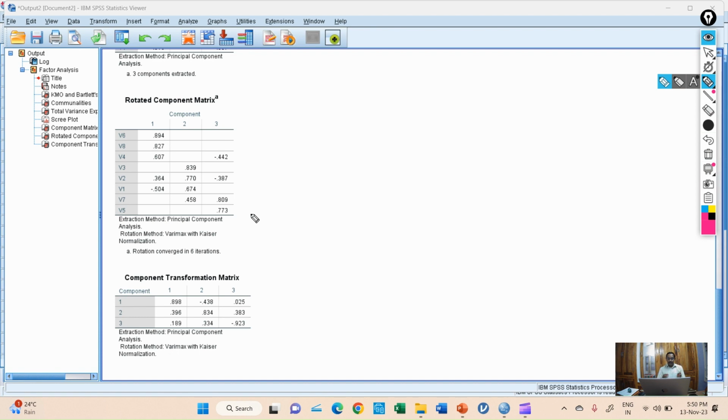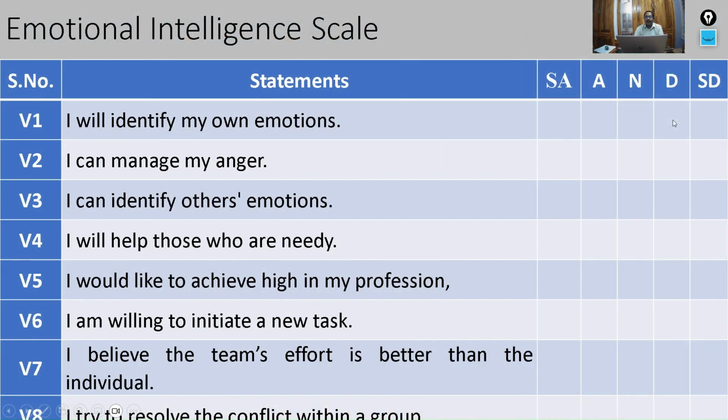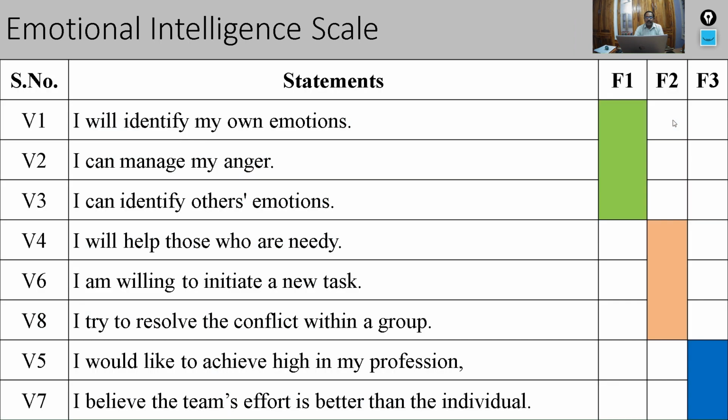So the 8 questions we have taken have fallen into three factors. After factor analysis, we can see the three factors: variables 1, 2, 3 in one factor, variables 4, 6, 8 in another factor, and 5 and 7 in the third factor. So the 8 questions are assembled in three factors.